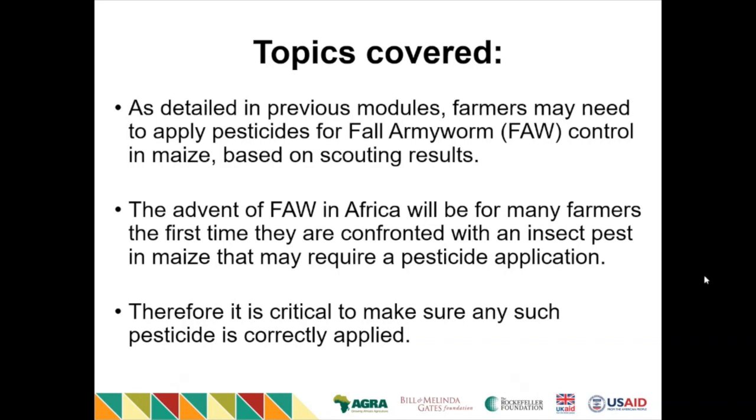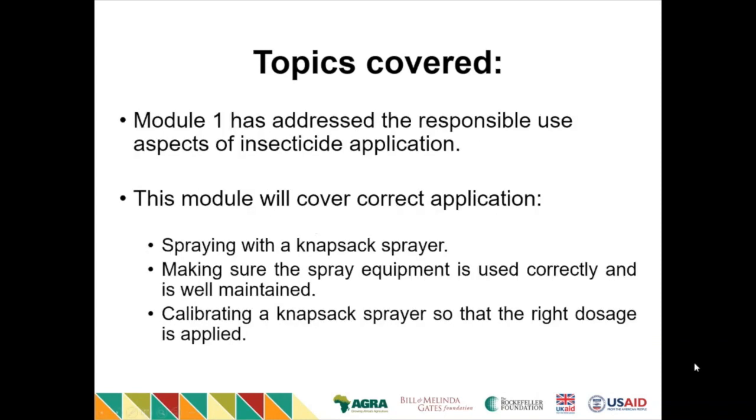It's critical to make sure that any pesticide is correctly applied for the reasons I've already given. So Module 1 addressed the responsible use aspects of insecticide applications, and in this particular module we will cover spraying with a knapsack sprayer. In Africa, most of the farmers will have access to a knapsack sprayer, and that will be the equipment that they will be using to apply pesticides to control fall armyworm.